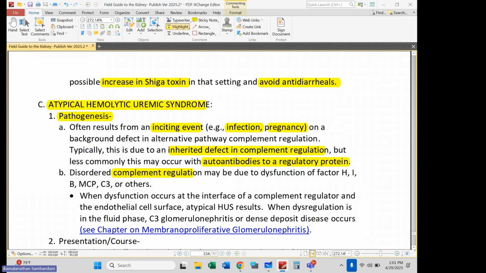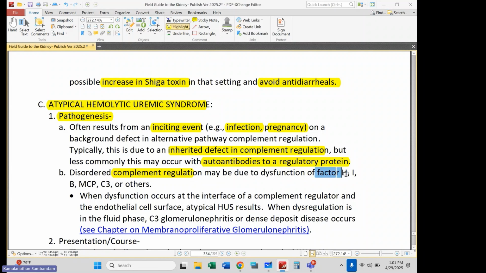Okay, so that's the sort of broad strokes of disease pathogenesis of atypical HUS. First hit that sets the dominoes in motion, and this background of either inherited or acquired deficiency in complement regulation.